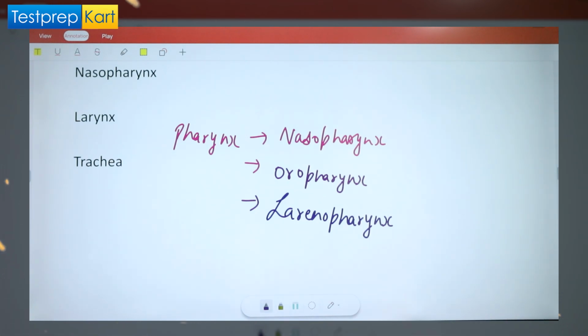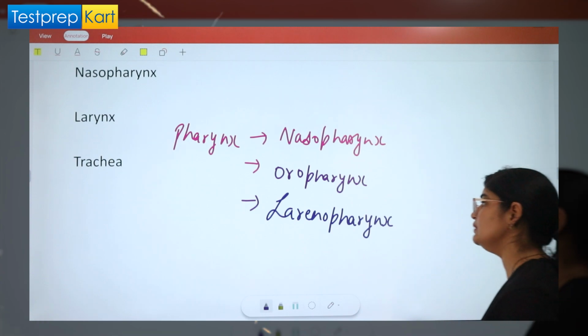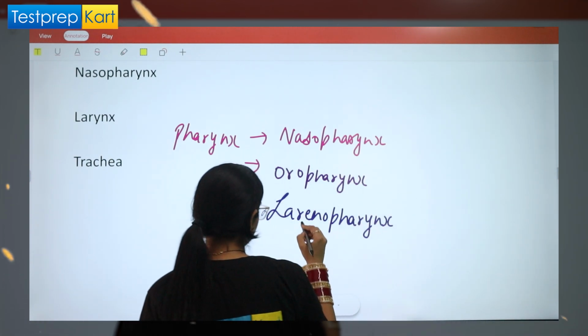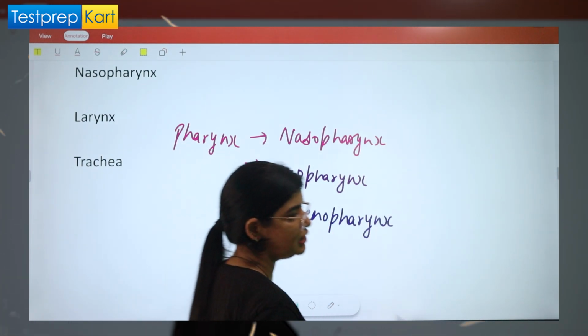Oropharynx is related with the digestive system, that is the food pipe. And laryngopharynx is basically meant for the purpose of sound production, right?